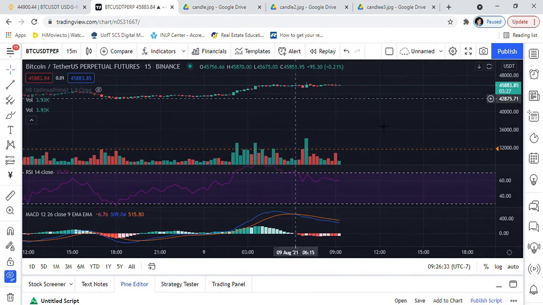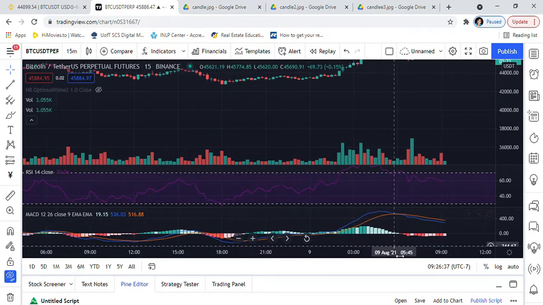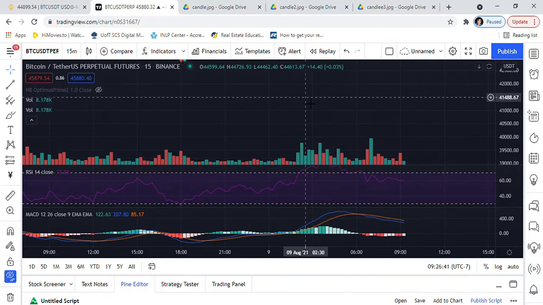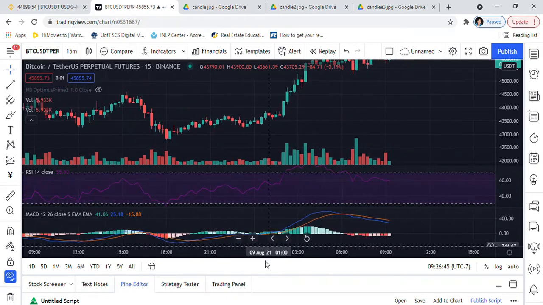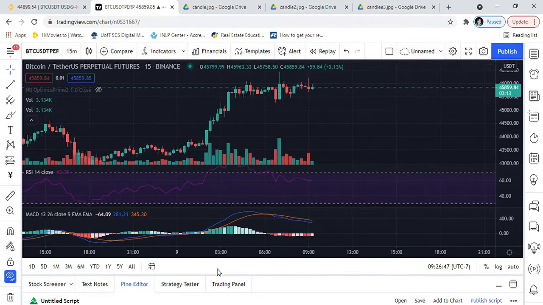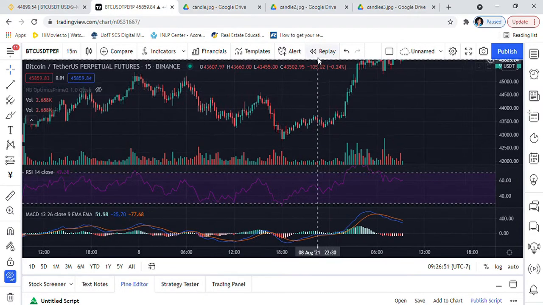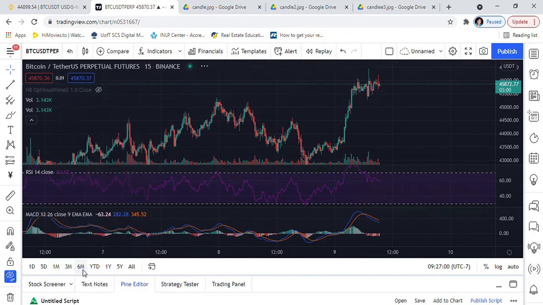Now that I went to the 15 minutes, this is showing me the price action for every 15 minutes. So when I click on this chart, this is what's happening in every 15 minutes. So you understand that there's a time frame.